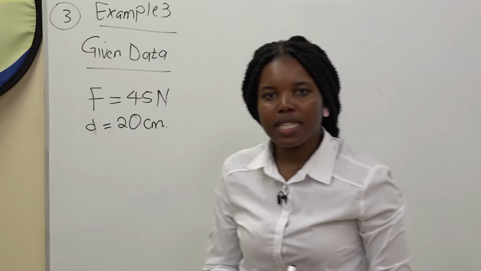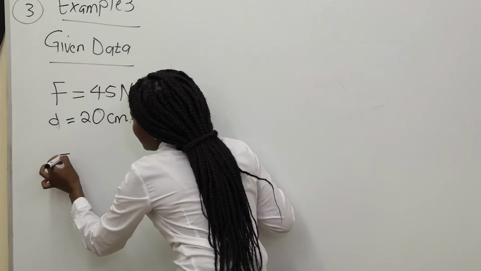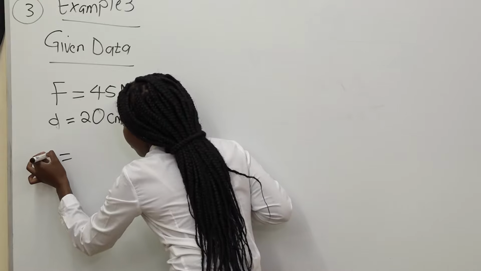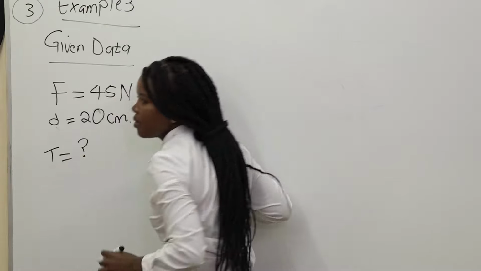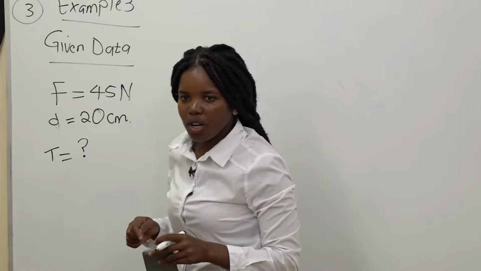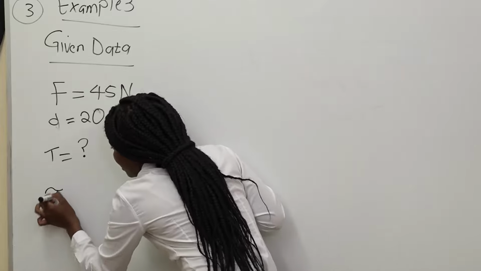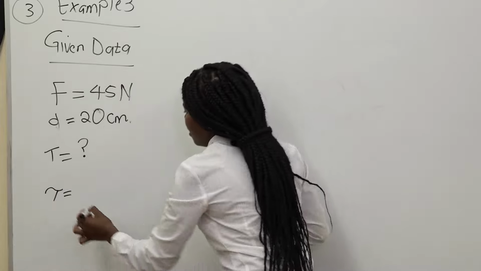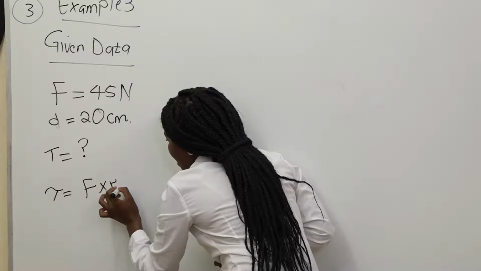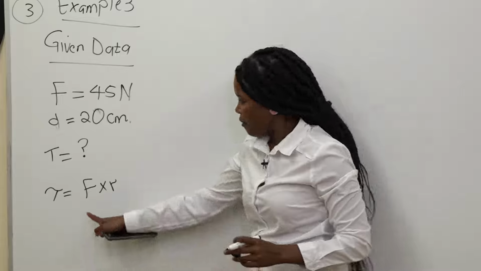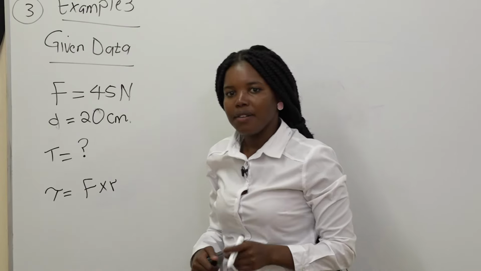But then the question says, calculate the torque. You're supposed to calculate the torque. So now you know that the formula to calculate a torque is force multiplied by R, where F is a force and R is the perpendicular radius.